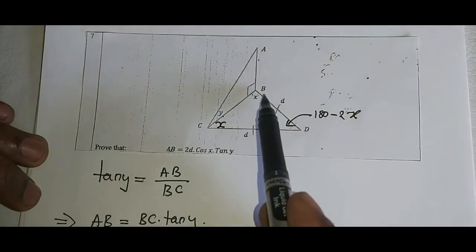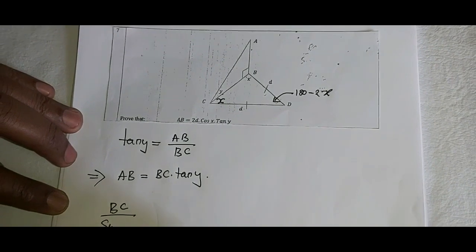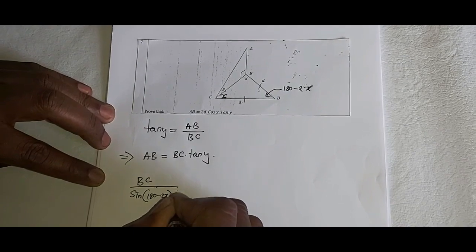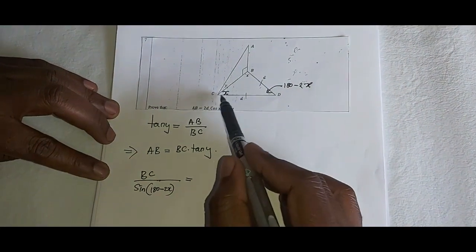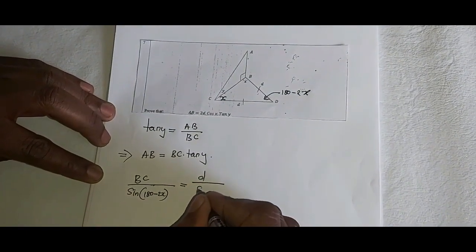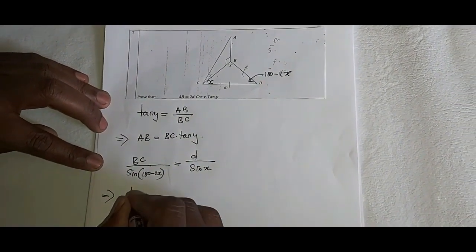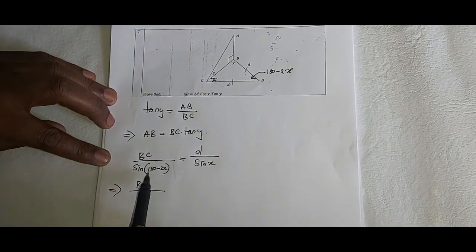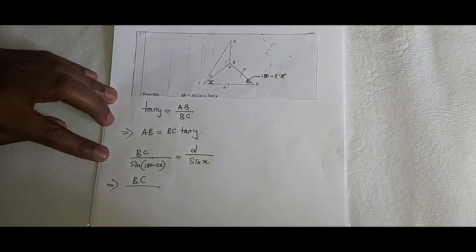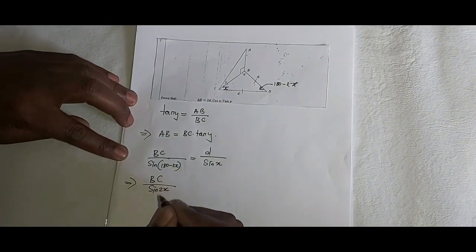That is to say, BC over sine of open bracket 180 minus 2x is equal to this side, that is side d, over sine of x. Now, sine of 180 minus 2x is in quadrant 2, where sine is positive, so it becomes sine of 2x.